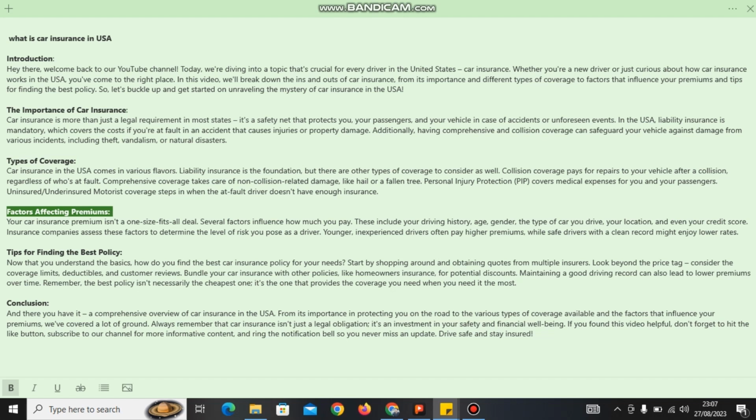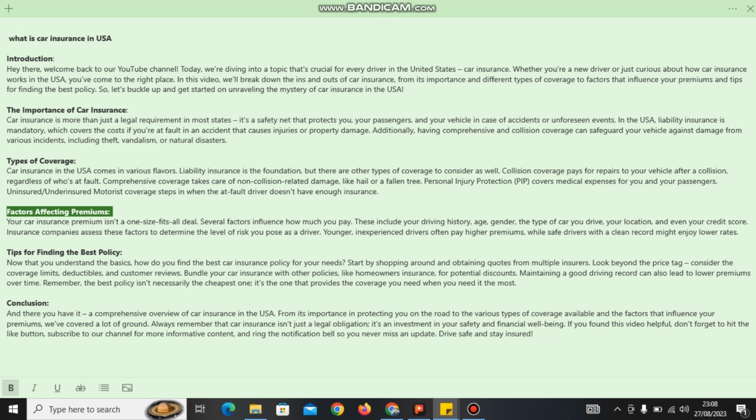Factors affecting premiums. Your car insurance premium is not a one-size-fits-all deal. Several factors influence how much you pay. These include your driving history, age, gender, the type of car you drive, your location, and even your credit score.